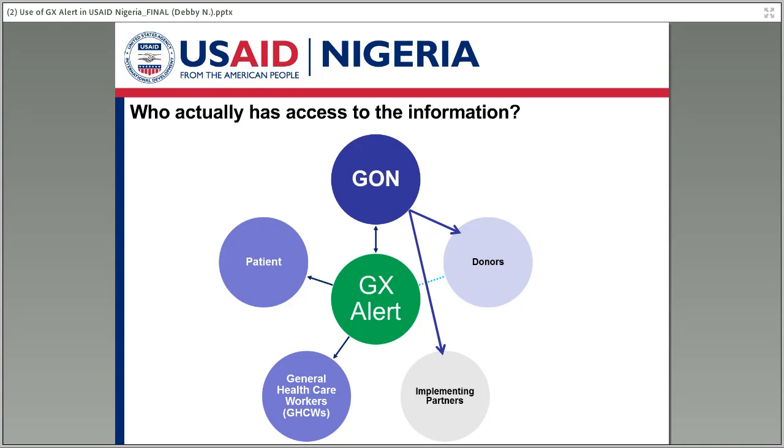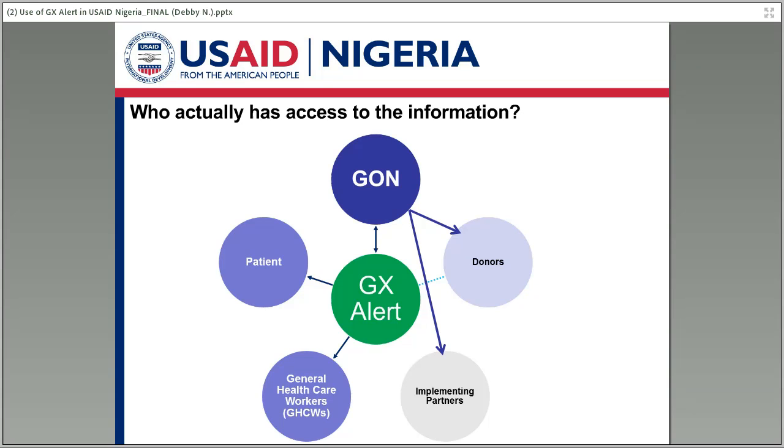These implementing partners are closer to the site, they're at the state level, and are able to respond quickly if there are issues, but they don't know that there are those issues going on because they don't have visibility. The government staff at the state level and the LGA level have access in the sense that they receive information when an MDR patient is diagnosed, but nothing beyond that. They can't make program decisions based on other operational information that should be available to them.